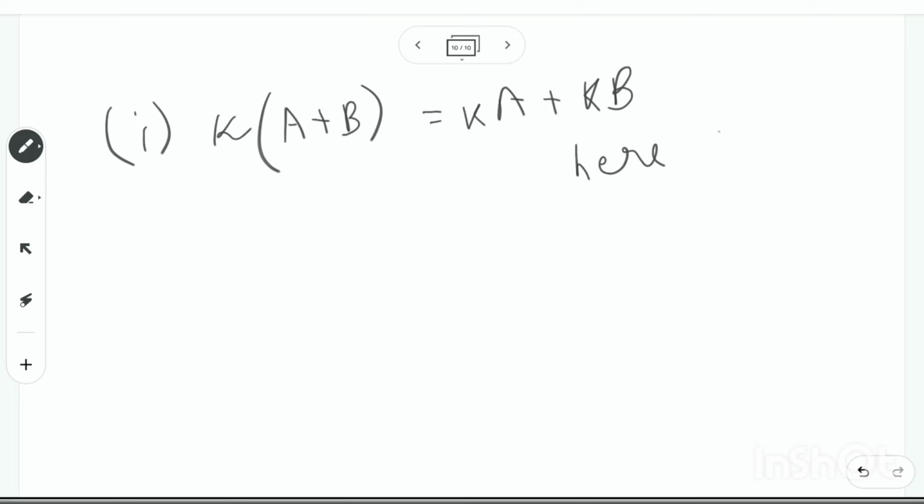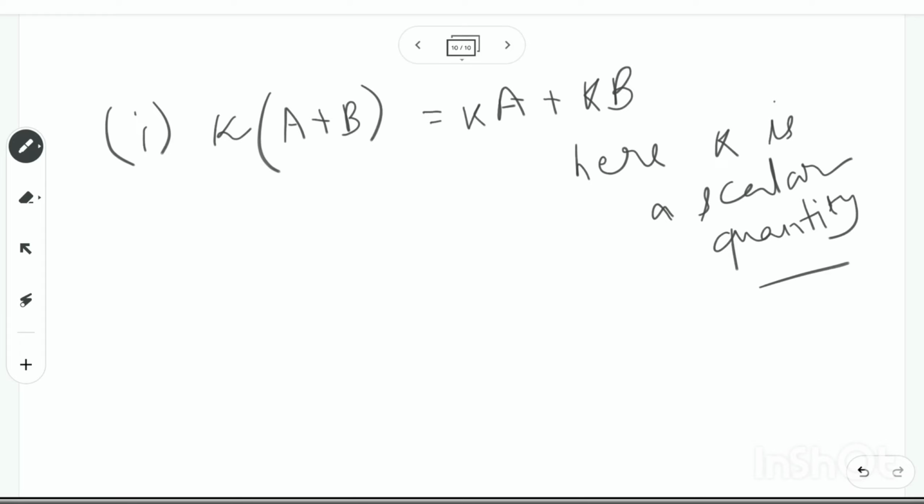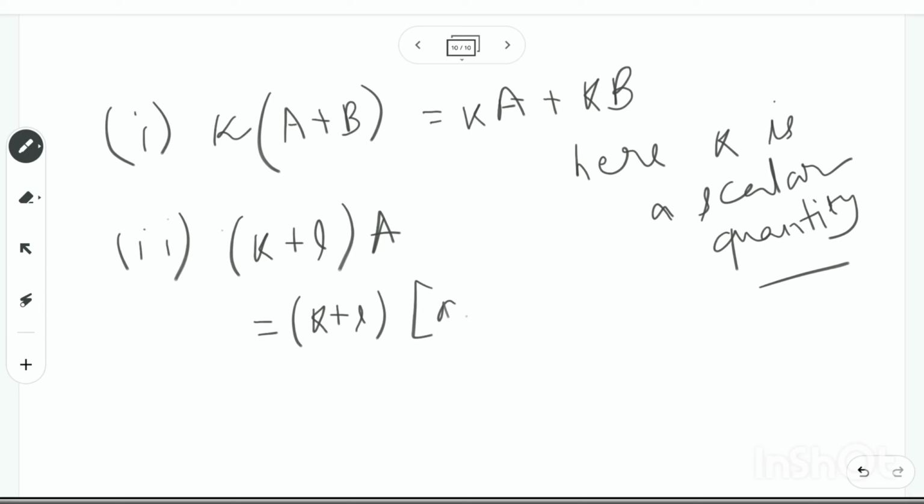Here K is a scalar quantity, and A and B are matrices. Number 2: K plus L into A, which is K plus L into Aij. That is, first you add the two scalar quantities and then multiply with every element of the given matrix A.